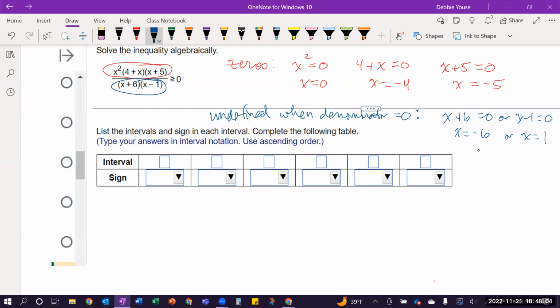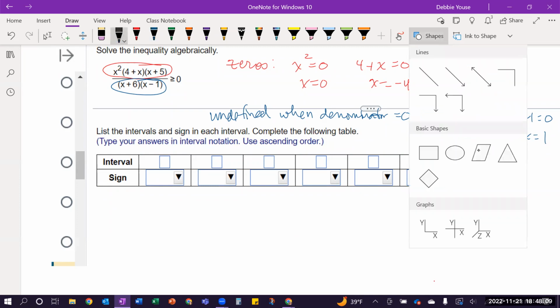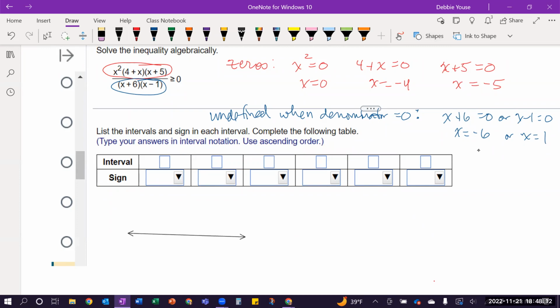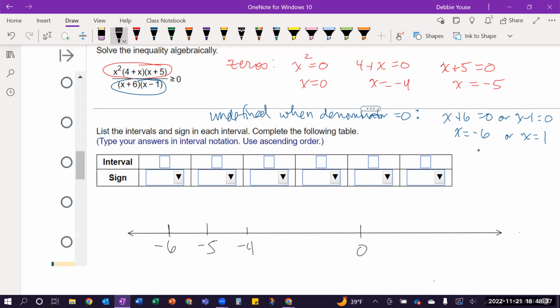So now, where do I get intervals? Well, for those of you who are more visual, I take what would be an x-axis, and I line up all those x values on the x-axis and mark them off from left to right. What am I left with? I'm going to start with the most negative one. It looks like -6, and this is not to scale. -6 is the first one, then it would be -5, then -4, then 0, again not to scale, and then 1, okay?